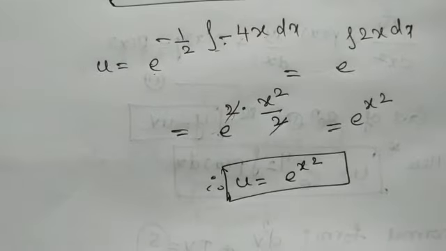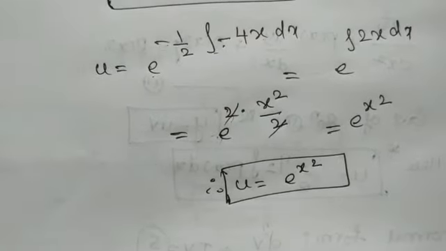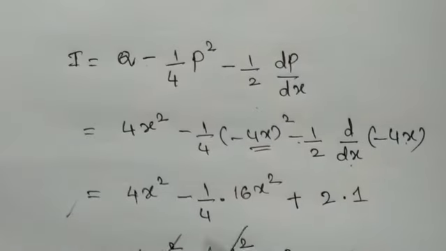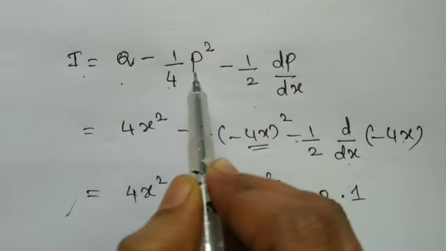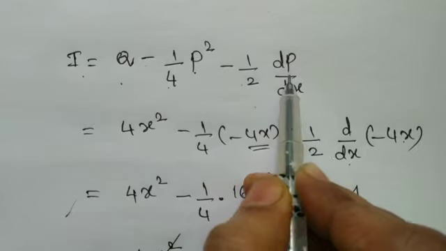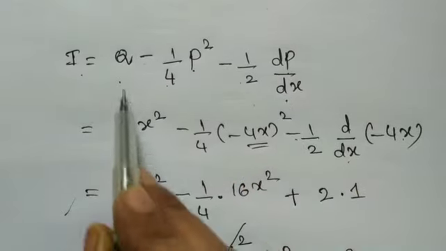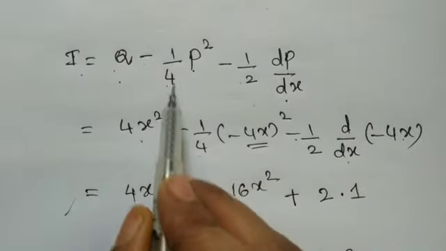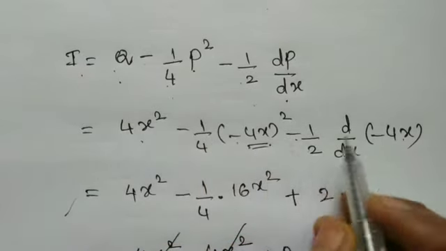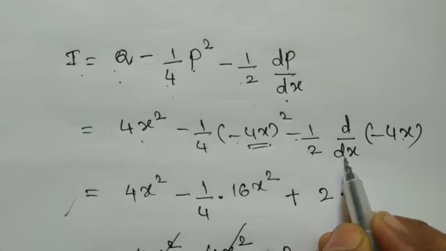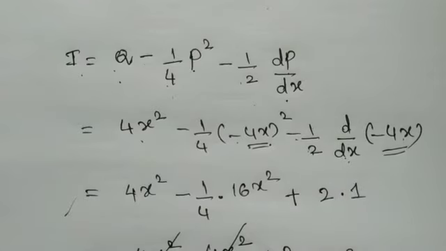Then for the normal form, I equal to q minus 1 by 4 of p square minus 1 by 2 into dp by dx. So q value 4x square minus 1 by 4 into minus 4x whole square minus 1 by 2 into d by dx of minus 4x.